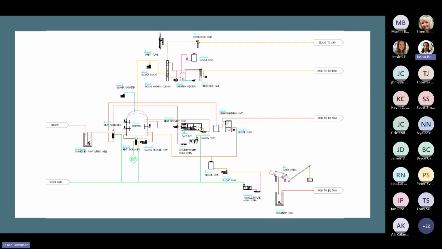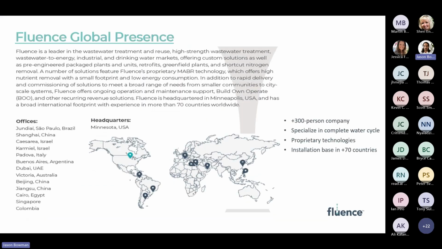So with that said, that's a lot to cover in a short time frame. Just to give you a 30,000 foot view of Fluence in general beyond the recuperative thickening: for those that are not aware, we are a multifaceted, multinational water and wastewater solutions company covering the whole water and wastewater cycle.